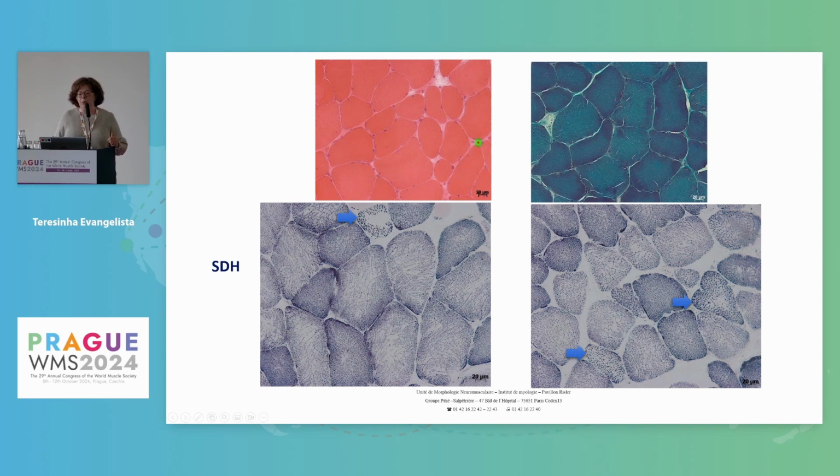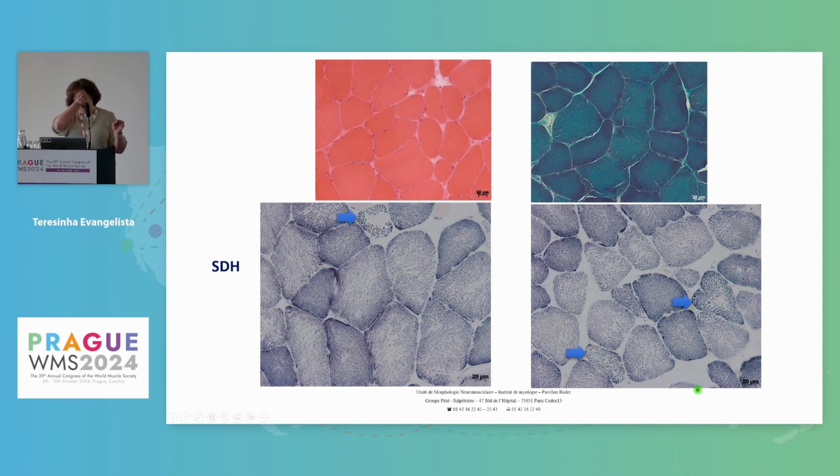On the hematoxylin and eosin, the fibers have different sizes, nothing special here. But then you go to the oxidative stainings, and you start to see the granular aspect in there. It's not only one fiber; you can see that this exists in other fibers.